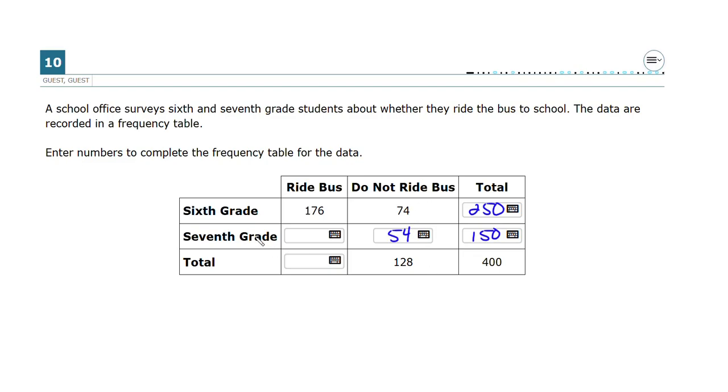So for 7th graders, we have 150 total 7th graders, and 54 of them do not ride the bus. 150 minus 54 is 96. And then for our total of students who do ride the bus, 176 6th graders plus 96 7th graders equals 272 total students who ride the bus.